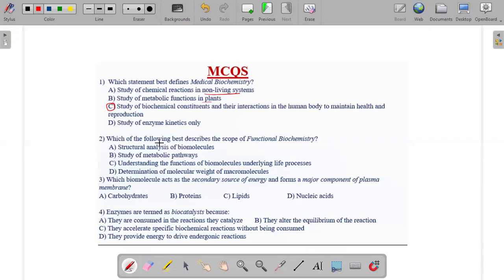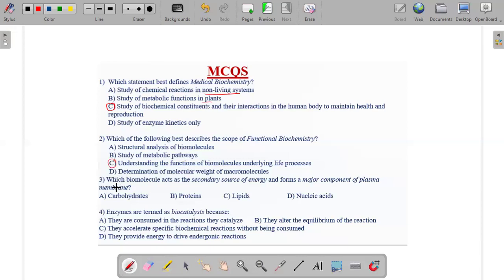Which one is the answer there? Anyone to give it a try? Understanding the functions of biomolecules underlying life processes. Good. So that's what we have for option number 2, isn't it?